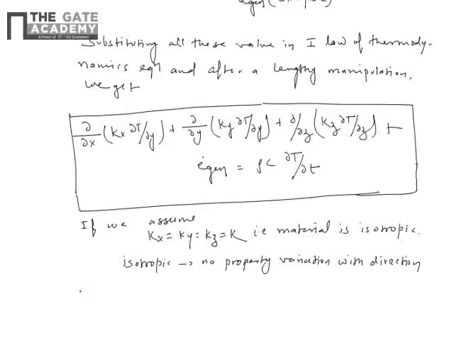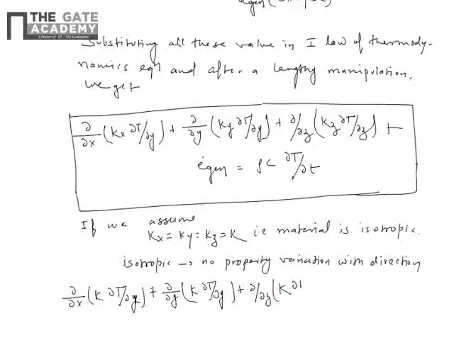The above equation will be reduced to del upon del x of k del T upon del x plus del upon del y of k del T upon del y plus del upon del z of k del T upon del z plus E dot gen is equal to rho c del T upon del t.